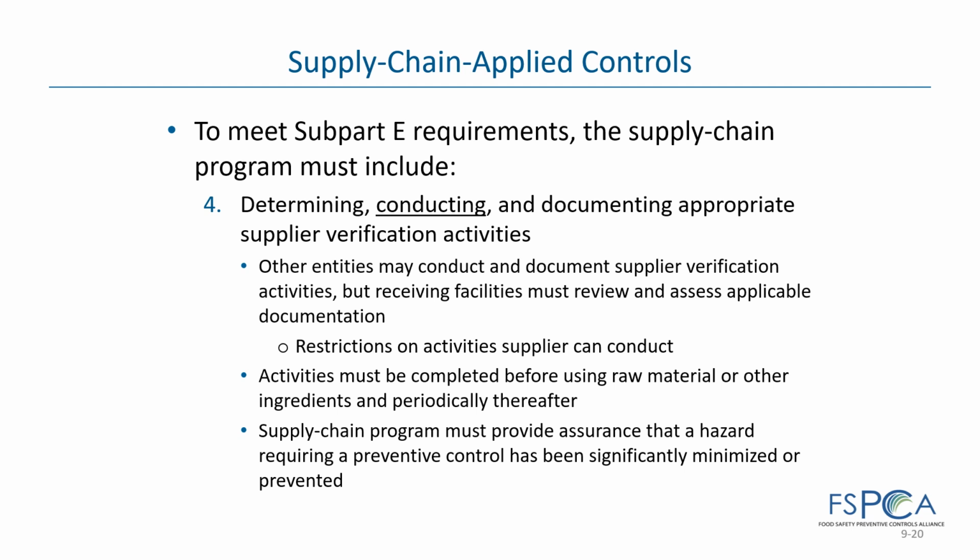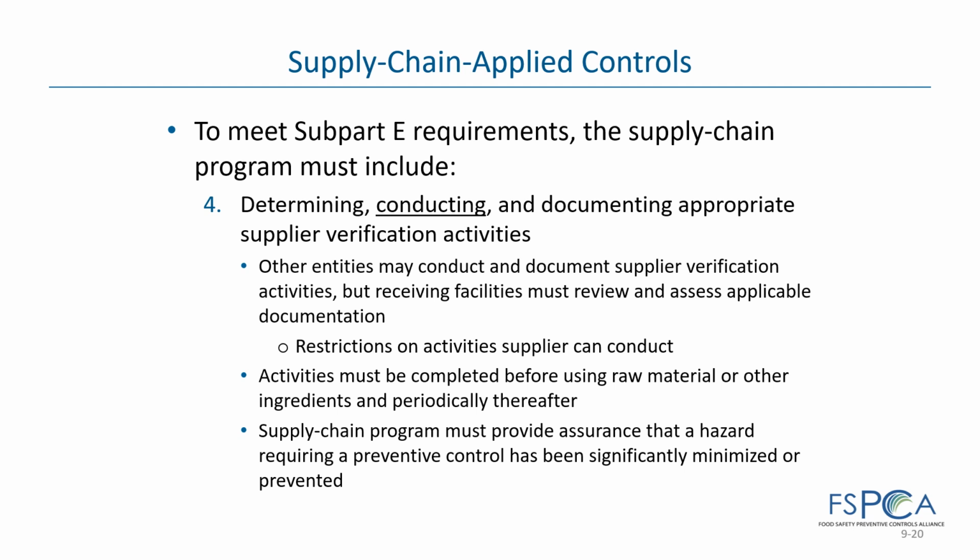The second part of the fourth bullet point of the requirements is the actual conducting part. So other entities may conduct and document supplier verification activities, but receiving facilities must review and assess applicable documentation. So there are some restrictions on what suppliers can do for you, but for the most part, we can rely on other entities, third parties, or even the supplier themselves to do some of these verification activities.